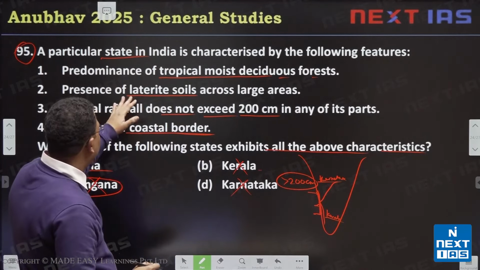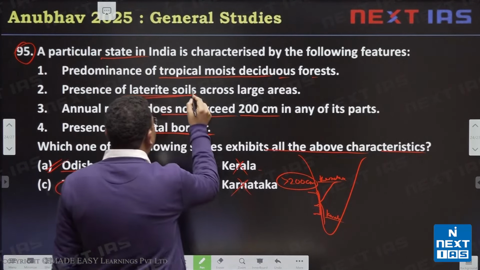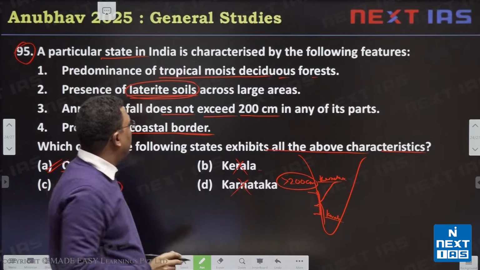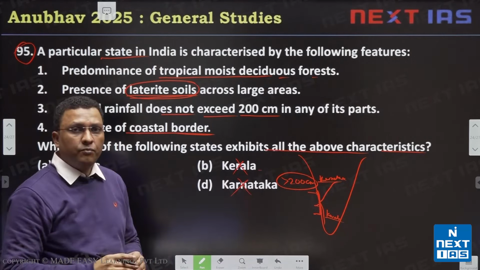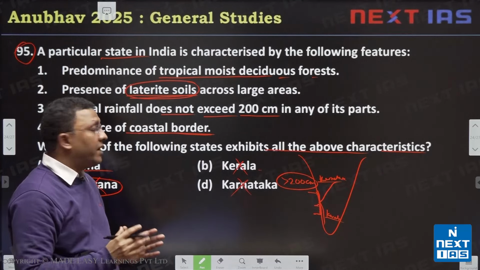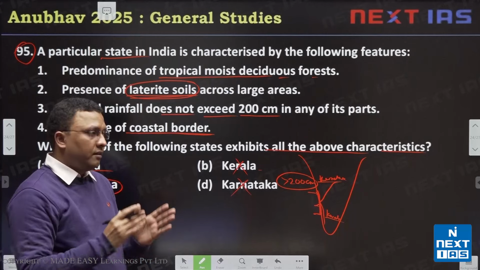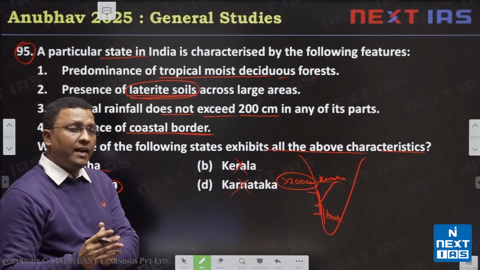Now let's see the remaining two features, presence of laterite soils. Laterite soils are basically red to yellowish colored soil. They are formed in areas where there is high rainfall with alternate dry and wet spells, right? So that means a spell of high rainfall occurs, then there is a dry spell, right?